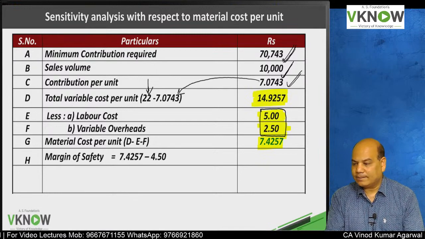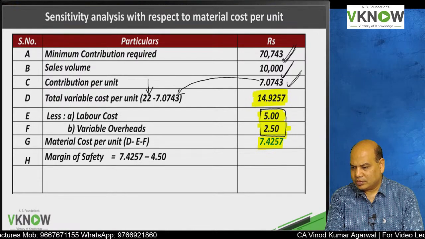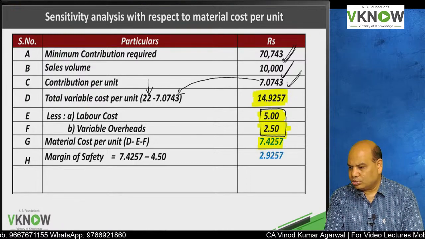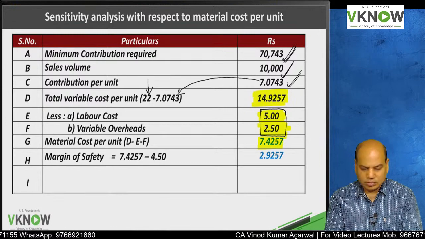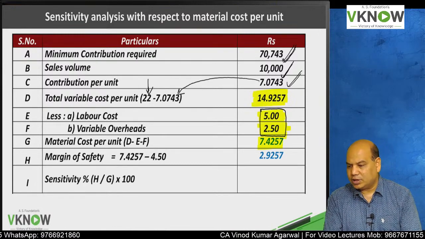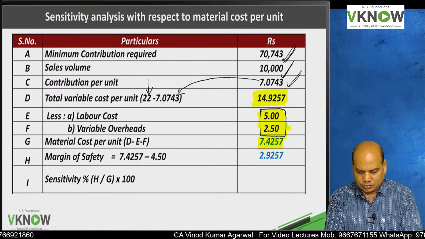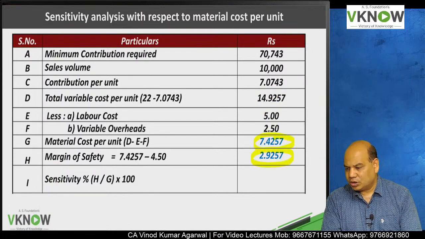Margin of safety will be 7.4257 minus 4.50, which is 2.9257, and therefore sensitivity percentage is H upon G into 100.